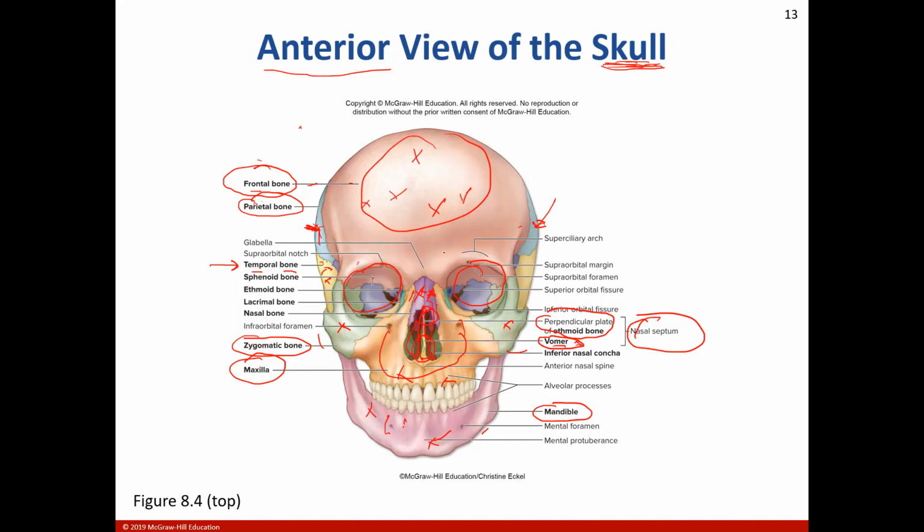And now we can look into the orbit again on this picture, and you could see this is all zygomatic bone. This is all maxilla by its color. Here's lacrimal. There's some ethmoid in there, which you really can't see greatly here. And then you have the sphenoid. This is the sphenoid, greater wing of sphenoid, lesser wing of sphenoid.